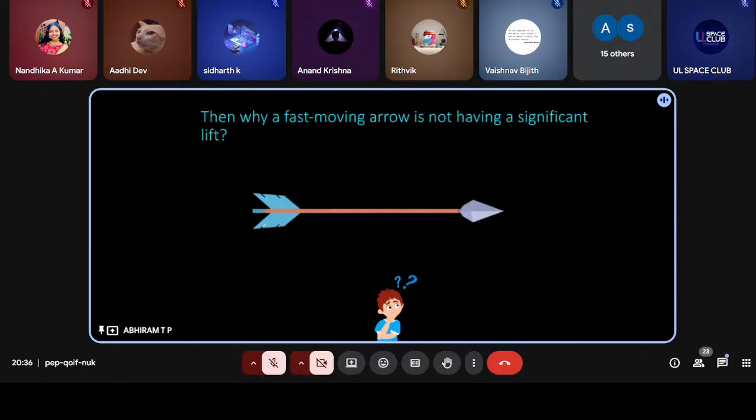So there won't be a pressure variation, or there won't be a geometric asymmetry, which will lead to zero net force. I repeat, net force is zero. There are forces, but they will get cancelled by each other. So it won't cause any motion or push or pull in the upward or downward direction.